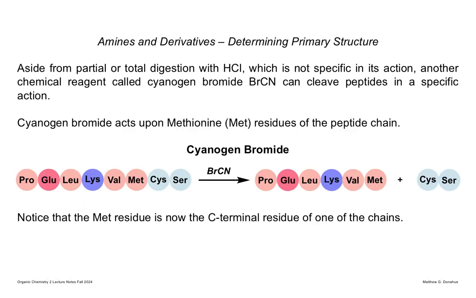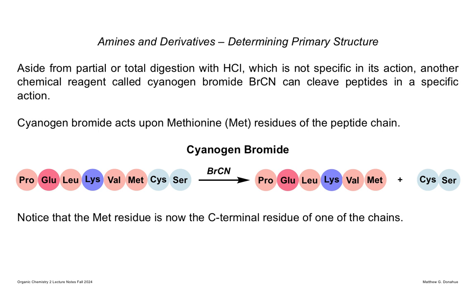Okay, so for the last 30 minutes here, we've talked about sequencing the primary structure using chemical reagents. Now we're going to get into, I guess, one more chemical one, but then the enzymatic methods.